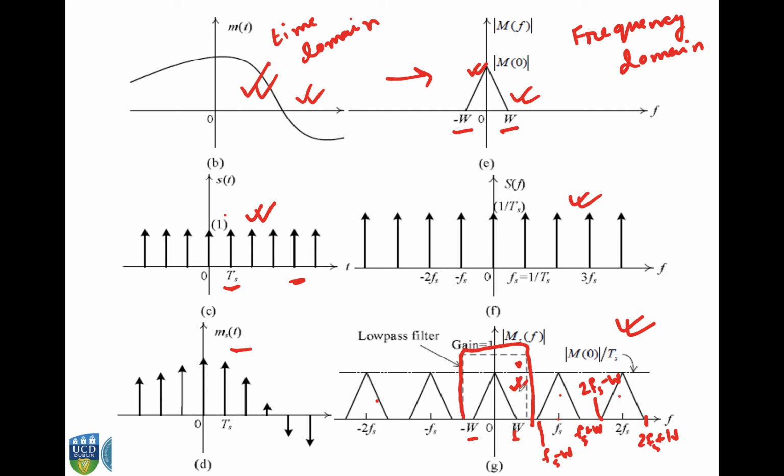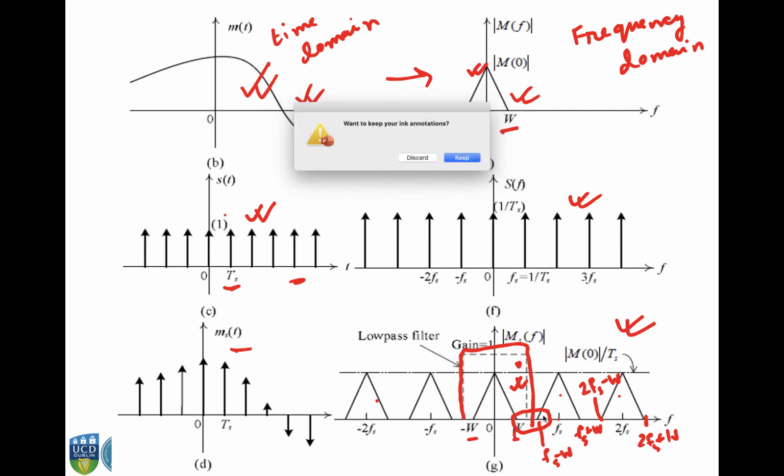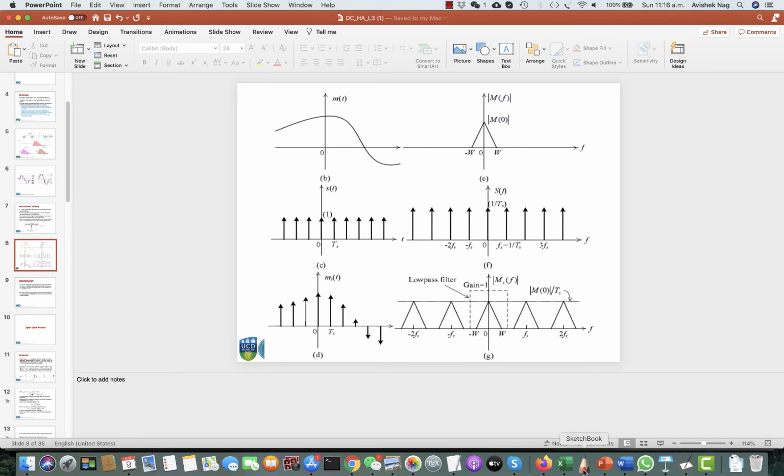So let's say if you focus on this part of the diagram, or maybe let me redraw this freshly. Let's say this was my original signal. This is 0, and this is W, and this is minus W.